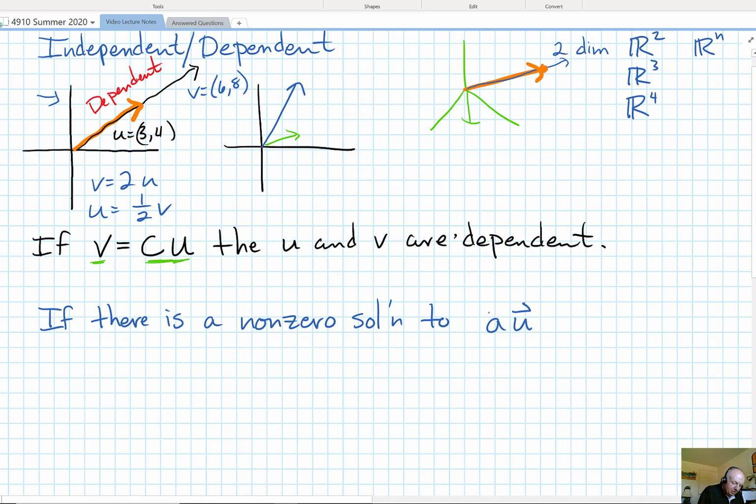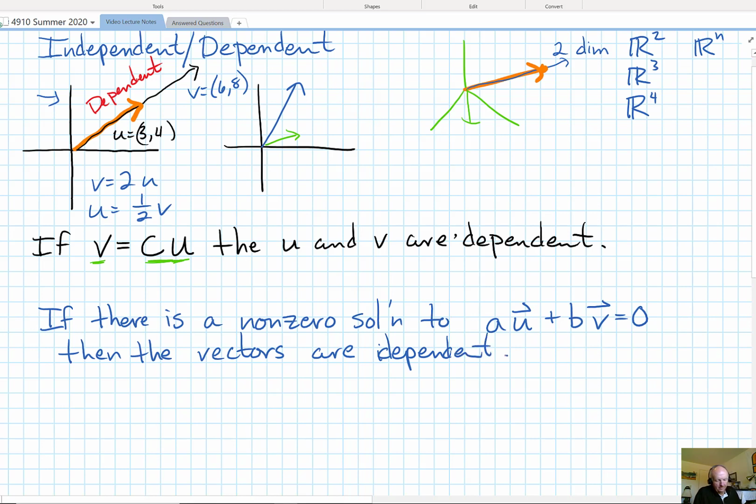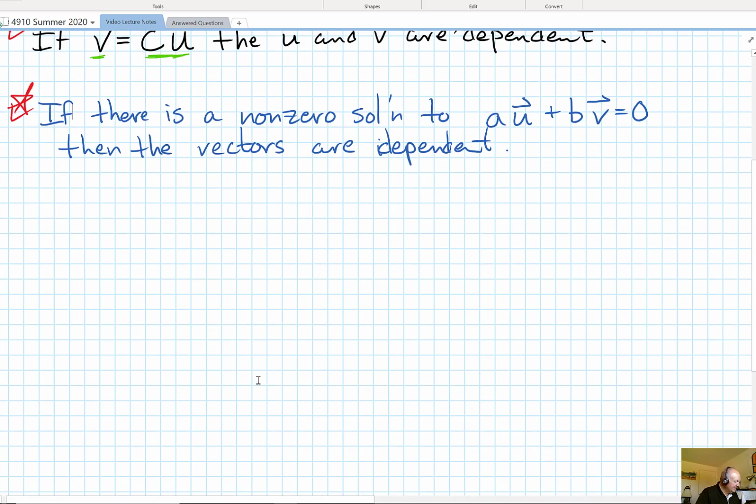If there's a non-zero solution to this equation, a times u plus b times v equals 0, then the vectors are dependent. Okay, all of these mean the same thing. This picture, this, and this. But this is the one we're going to work with. If I want to determine if 2 vectors are dependent, I'm going to consider that equation and see if I can solve it. So let's see how that works.